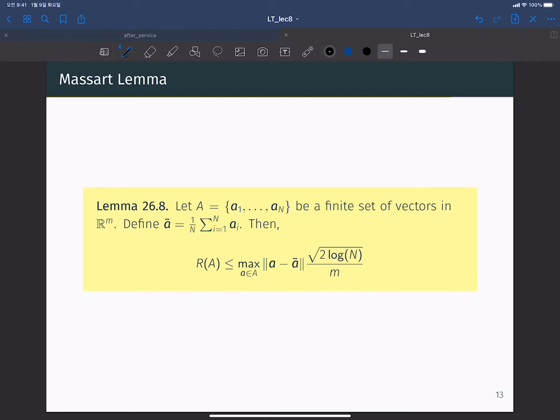Massart lemma is an important result that explains a property of Rademacher complexity as the training sample increases. So let A be our hypothesis set consisting of capital N different functions, in M-dimensional space, which means for M training data points, each vector defines the output.